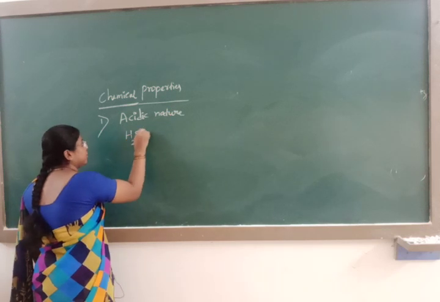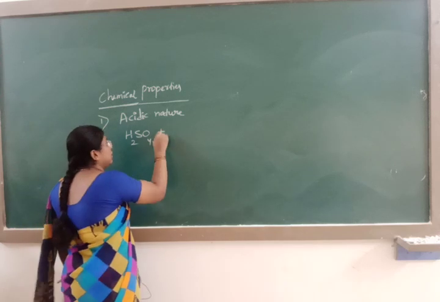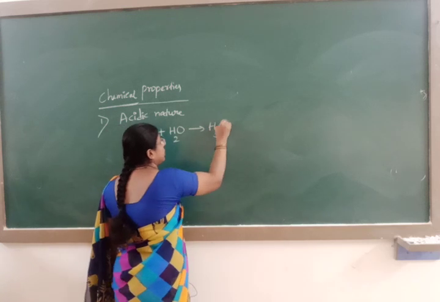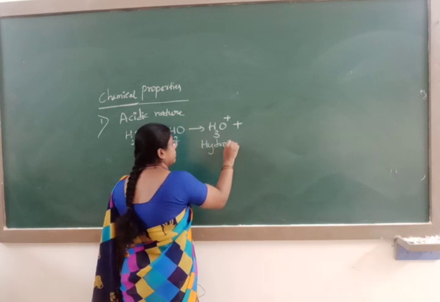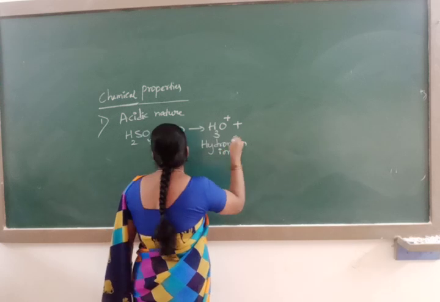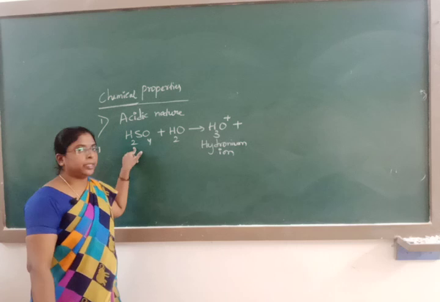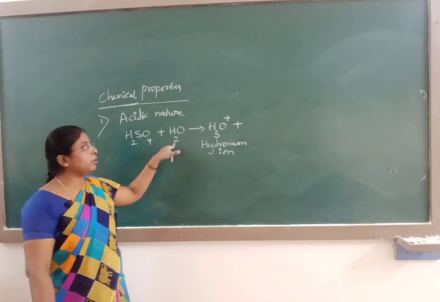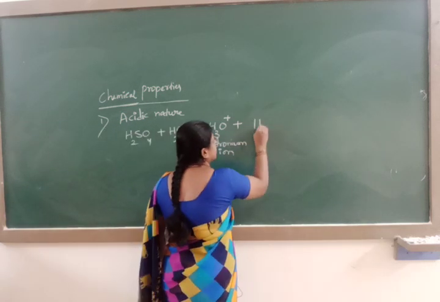Sulfuric acid, when it reacts with water, will form H3O plus, which is known as hydronium ion. Along with the hydronium ion, H2SO4 will split as H plus and HSO4 minus. H plus will react with water to form H3O plus, and the remaining is HSO4 minus.